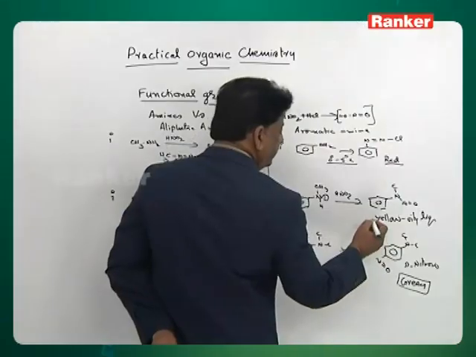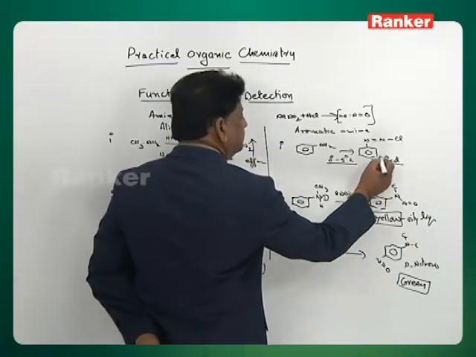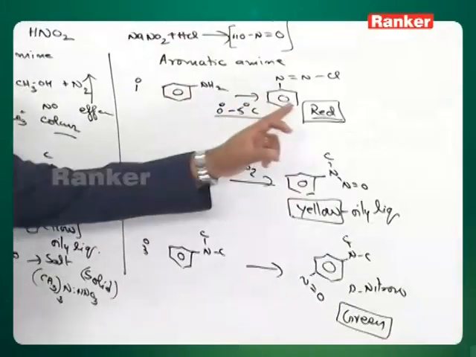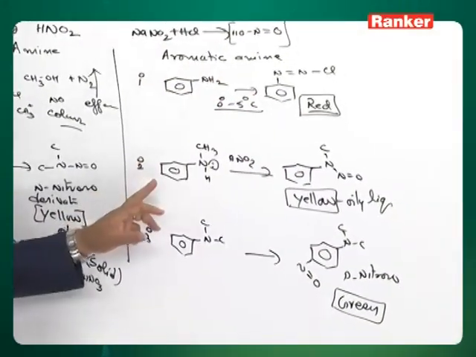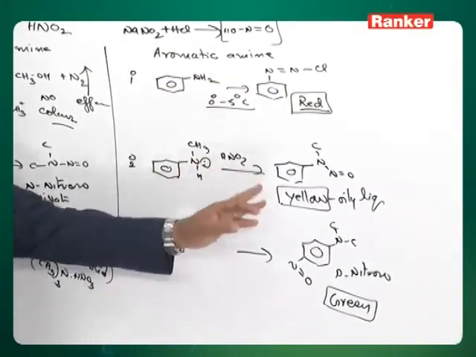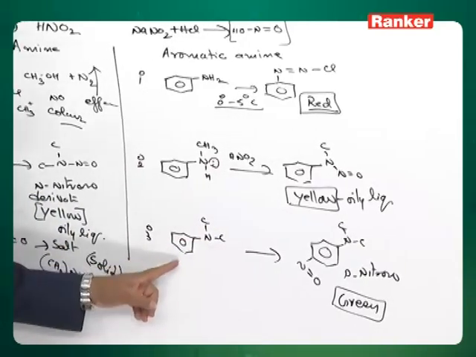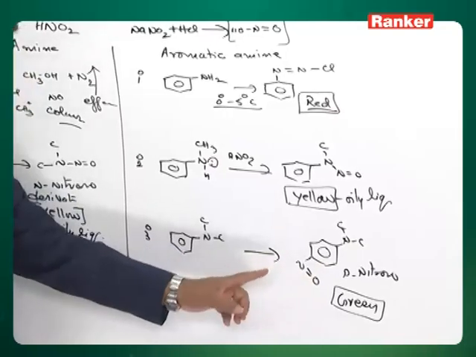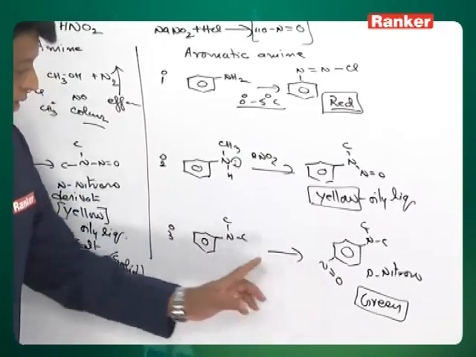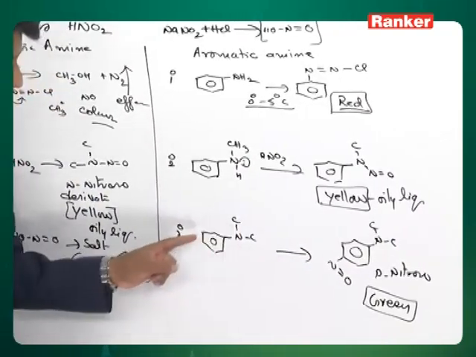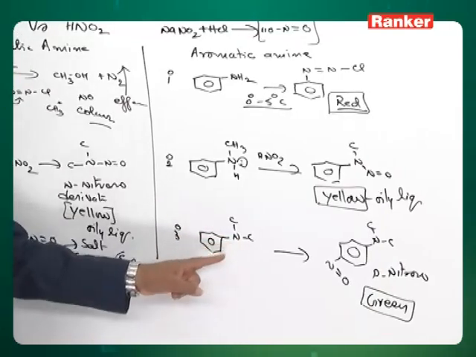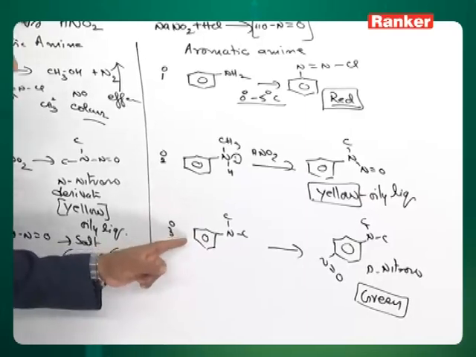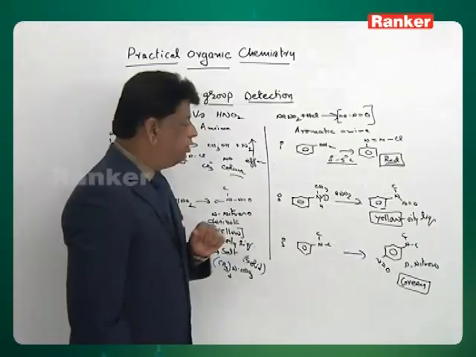Specifically, if you observe the colors of the aromatic system: 1 degree aromatic amine gives a red colored diazonium salt, 2 degree aromatic amine gives a yellow oily liquid, and 3 degree aromatic amines give a green colored para nitroso compound by electrophilic substitution. The NO enters at para because it is ortho para directing, and ortho positions will have steric hindrance, so the NO goes to the para position to form para nitroso derivatives.